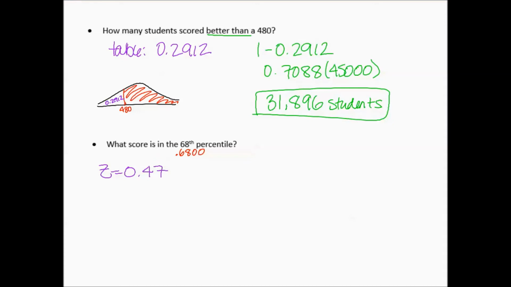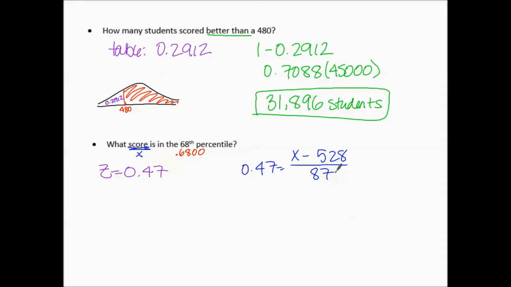So that's what we're going to use. And since we are trying to find the score, we are trying to find x. So now let's just use the z-score formula. We have 0.47 equals x minus the mean, which is 528, divided by the standard deviation, which is 87. And then we just solve that for x.